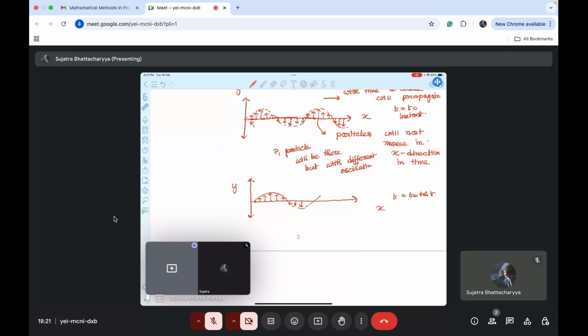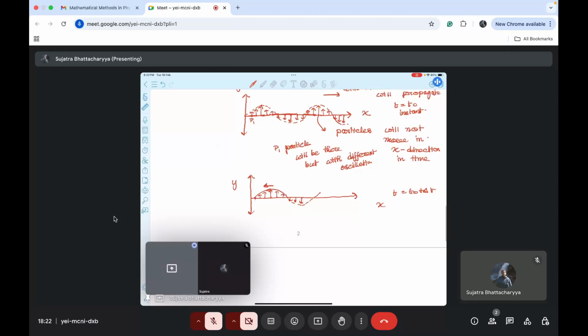The peak which is here now has come somewhat in this direction, so it is propagating in this direction. Just for showing, I am just giving. So the P1 particle will remain in the same place, but with different y displacement with time.